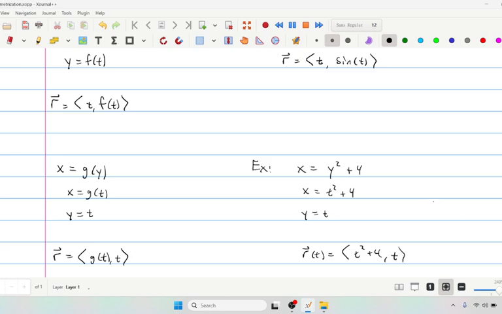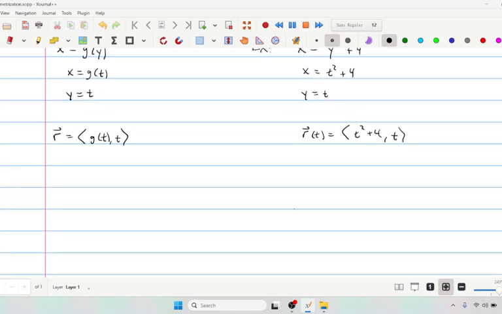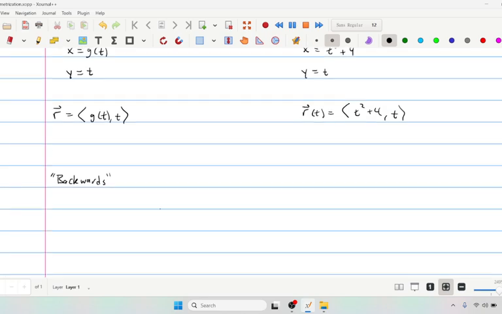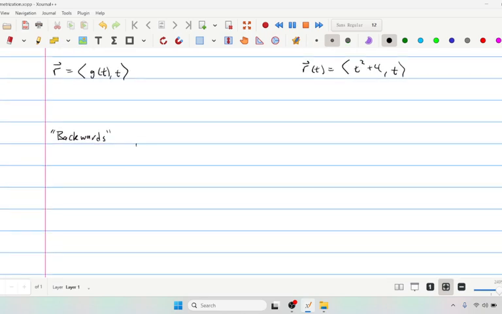Now there's one complication that can come up on these, and that is if the curve is parameterized sort of backwards. So let's say we have the curve y equals x squared.